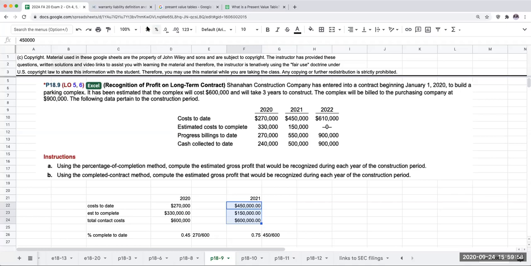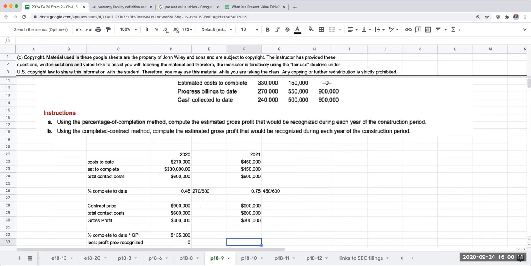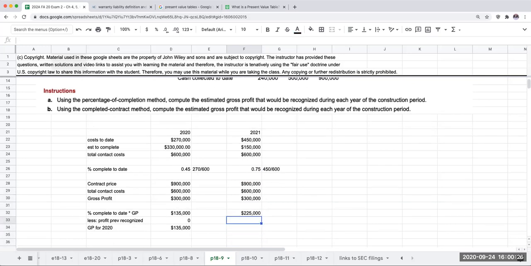So we come over here and my contract price is still the same. My contract costs are still the same, right? Still 600,000. So my gross profit on this contract is still the same. My percentage complete to date times the gross profit is going to be 300,000 times 75%, or 225,000.